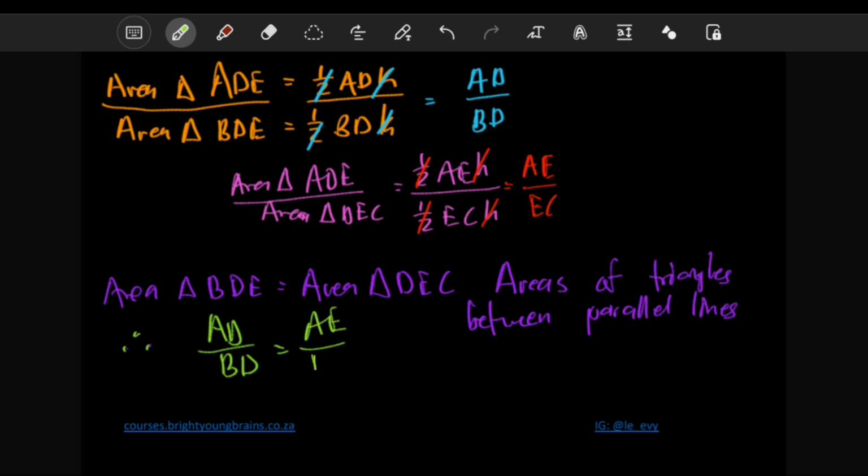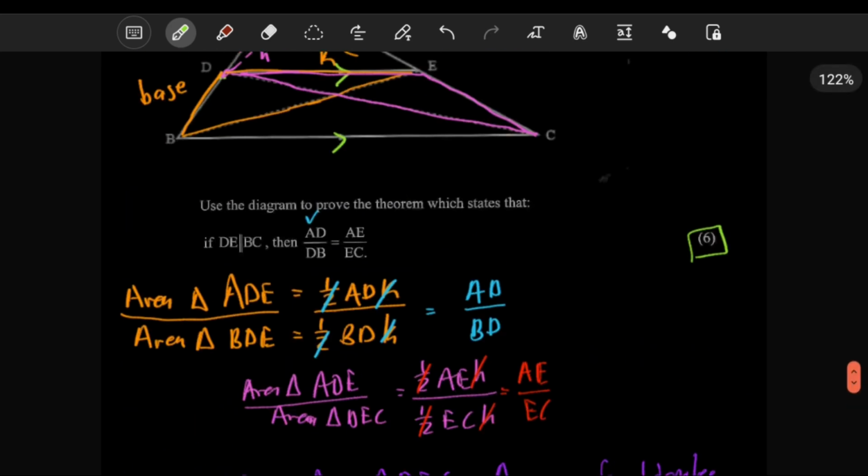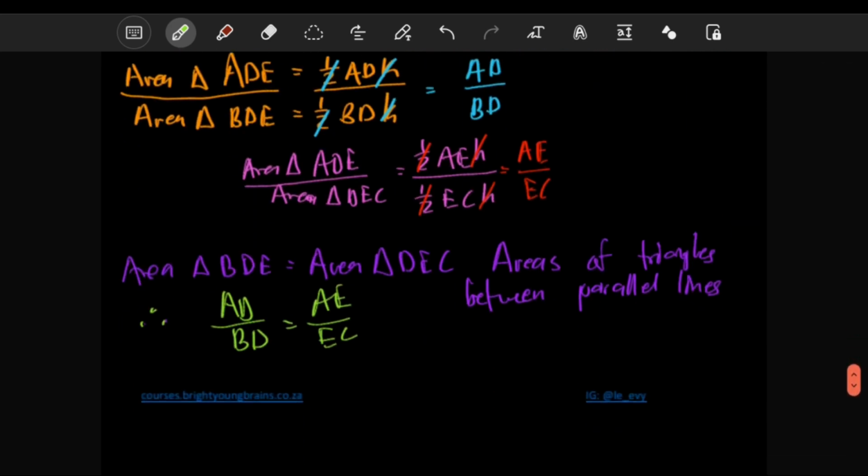Our task was just to show that, and we could have even started by saying this is equal to that, and then at the end just say this is equal to this, because this is coming from the same triangle as this one over there. So it's good. Let us move on to the next question.